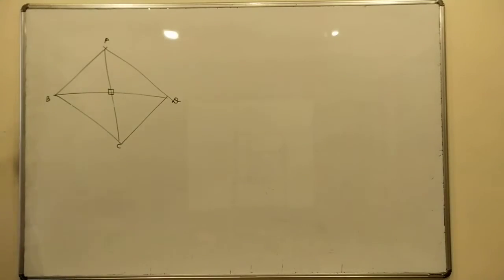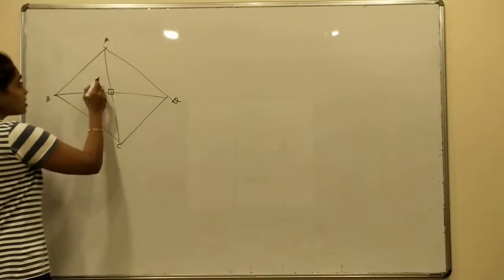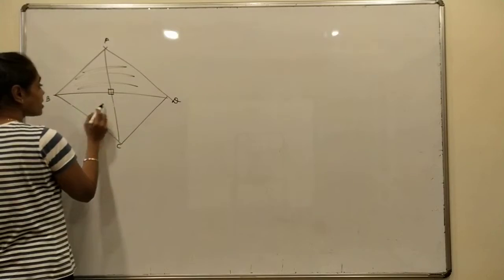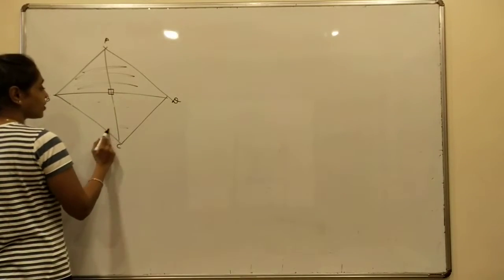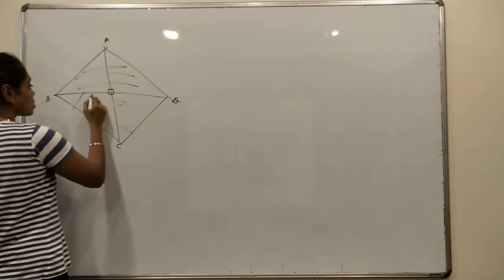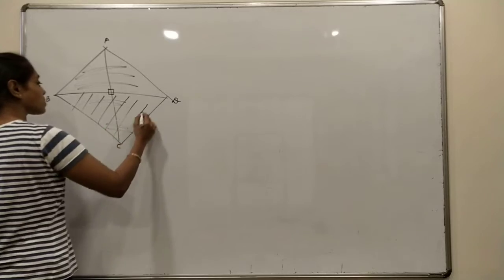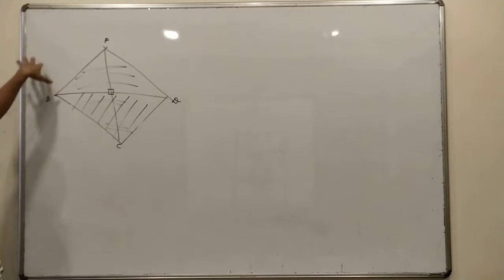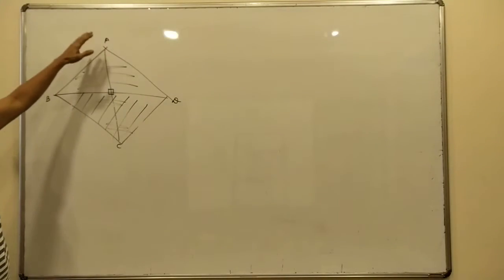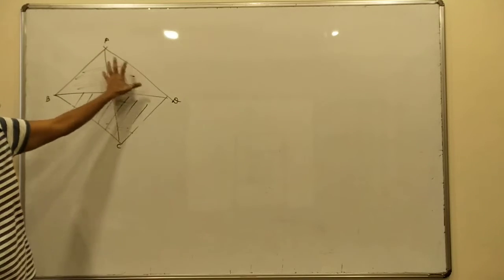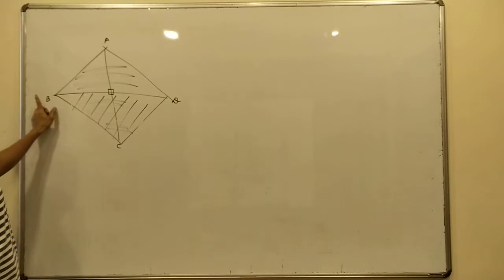Quadrilateral ABCD area: you have to divide the quadrilateral into two triangles. The whole ABCD area is the area of ABD and area of BCD.